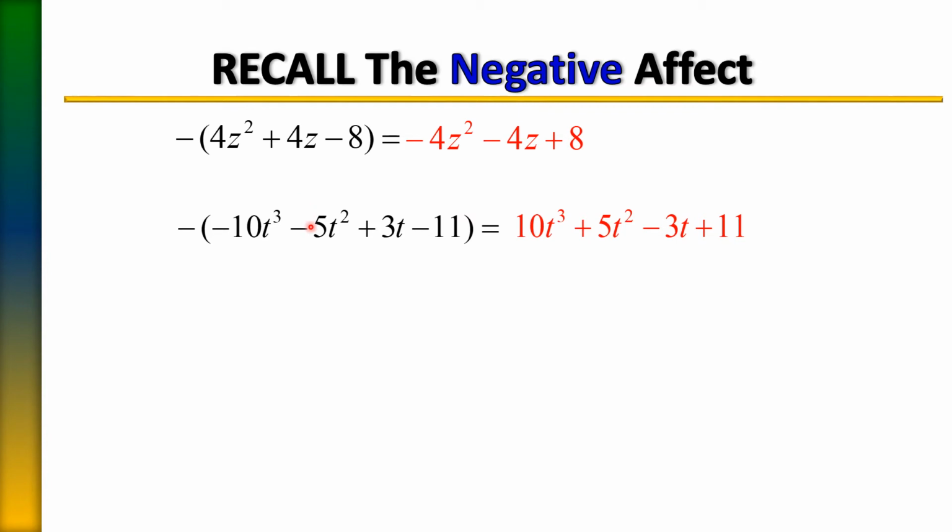Negative and a negative, again positive. Negative and a positive, negative. Negative and a negative, positive. That's what the negative effect does. Anytime you have a group that has a negative in front of it, everyone in that group will be changed to their opposites.